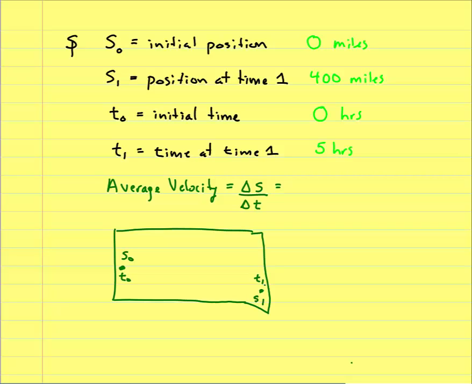Let's say we drive clear across, we don't have to stop for gas or anything. So for our change in position, if I'm going to start, let's say, at exit 0, and let's say I get off the interstate at exit 400, just for an easy example. I think it's exit 396 or something, but we'll say exit 400. In order to figure out how far I traveled, I would take 400 minus 0.